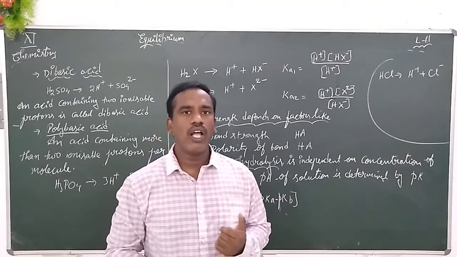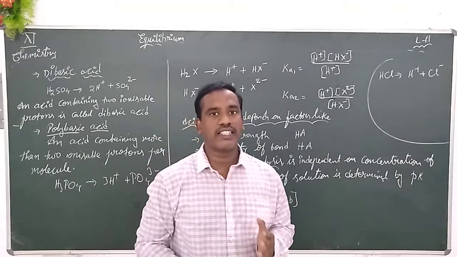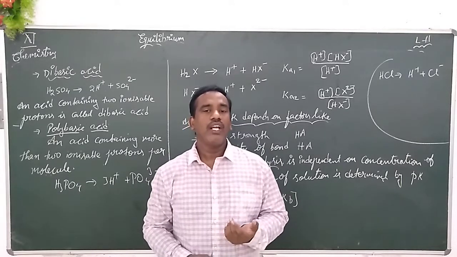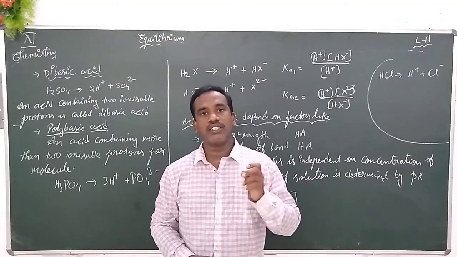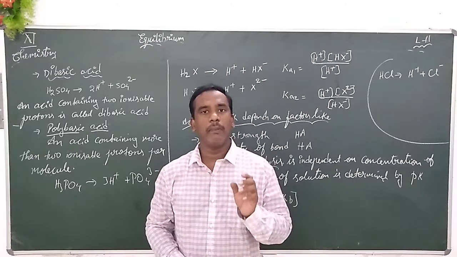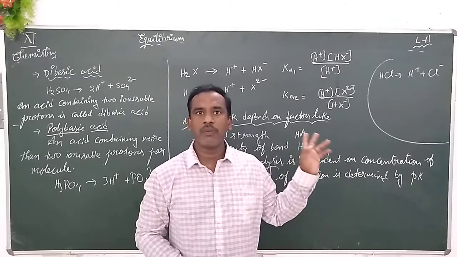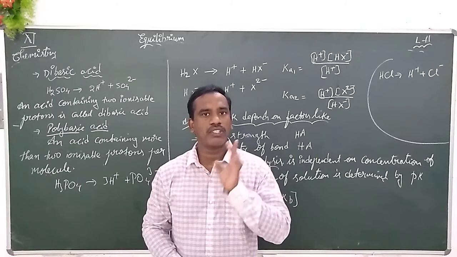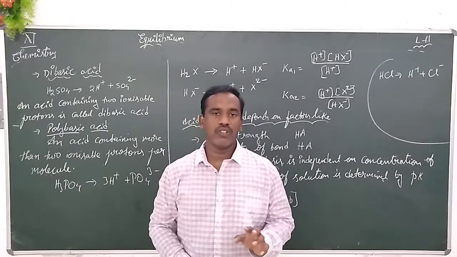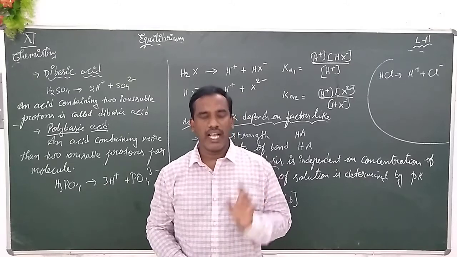This is called its basicity. The number of H plus ions generated by one molecule of acid is called its basicity. Here only one H plus ion is generated, so it is called a monobasic acid.